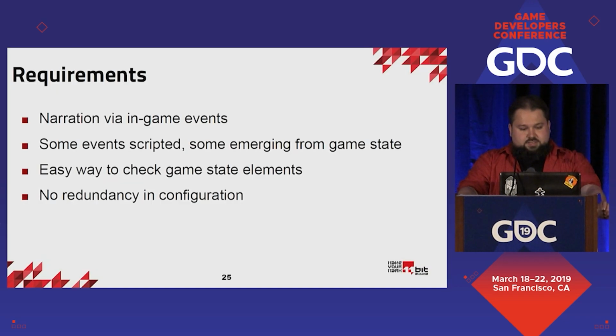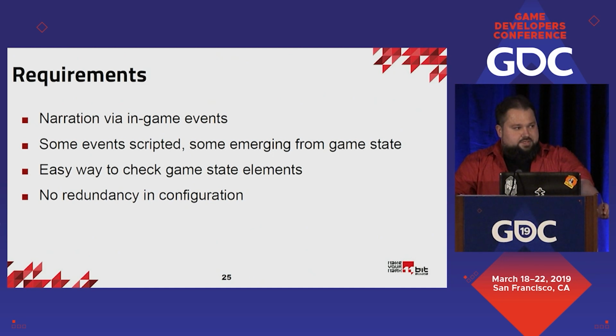So they needed a system that could allow them to write the story via in-game events, some of them scripted, some of them emerging from the game state. They also needed a way to easily check how the player is doing, what the state of the city and the state of the citizens is.